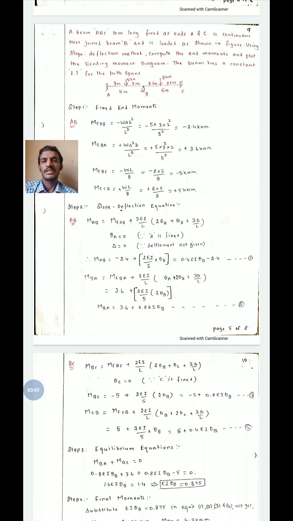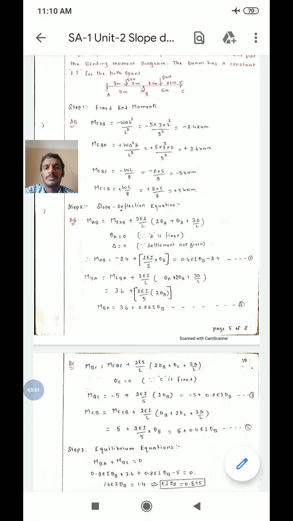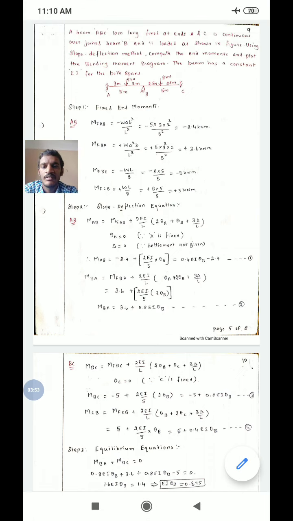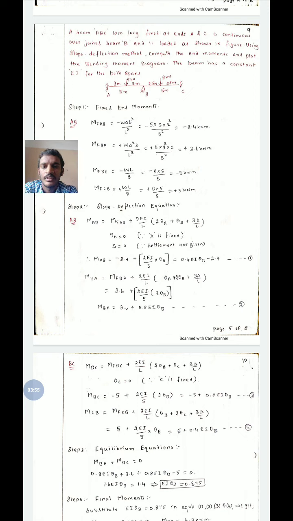Here the A end is fixed, therefore theta A is considered as 0. The B end is continuous, therefore it is not equal to 0. Substituting theta A and delta values in MAB, we get MAB is equal to minus 2.4 plus 2EI by L. The L value for the AB span is 5 meter, therefore 2EI by 5 into 2 theta A. Theta A value is 0, therefore it is considered as 0.